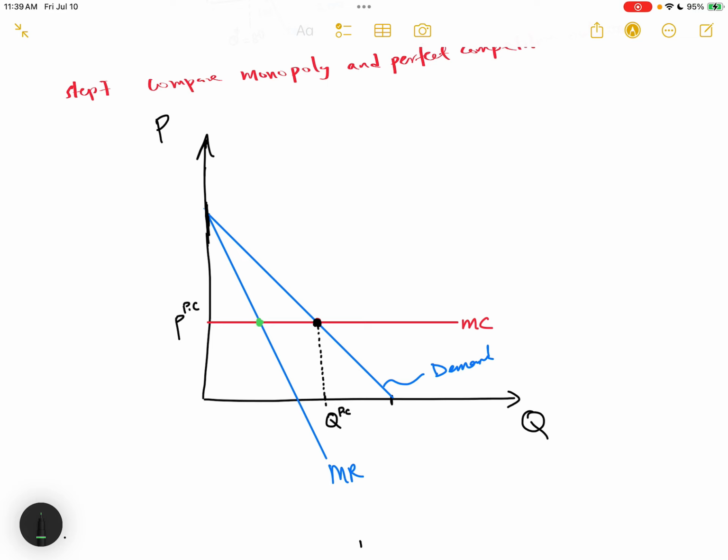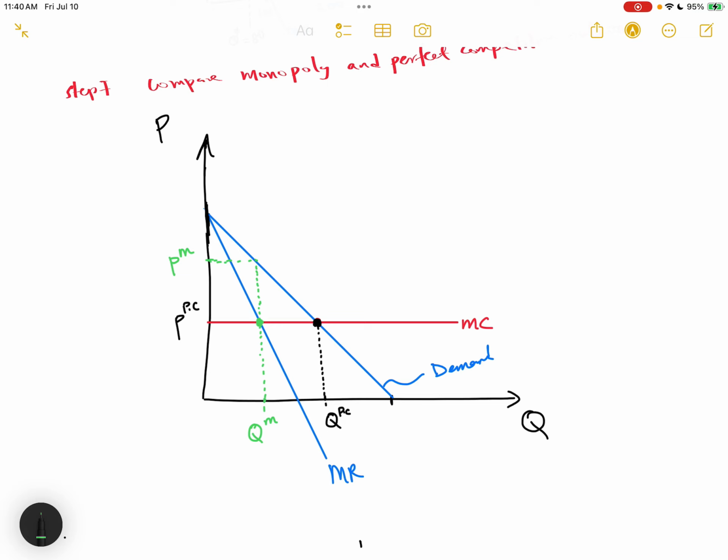And when I draw a vertical line through that green dot, I'm going to get quantity Q^M for monopoly, and I'm going to get up here price P^M, M for monopoly again.